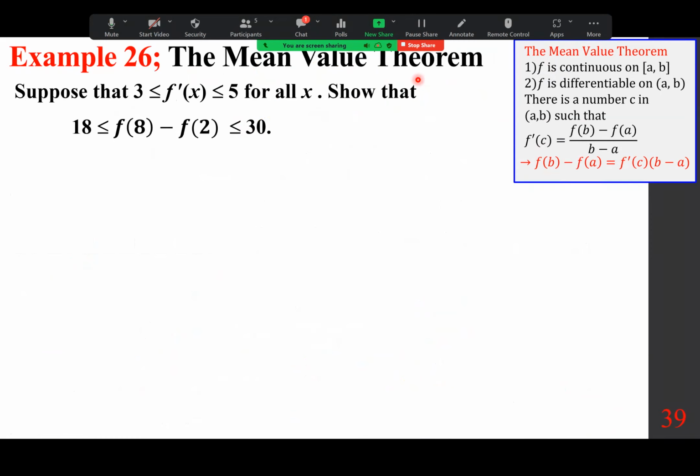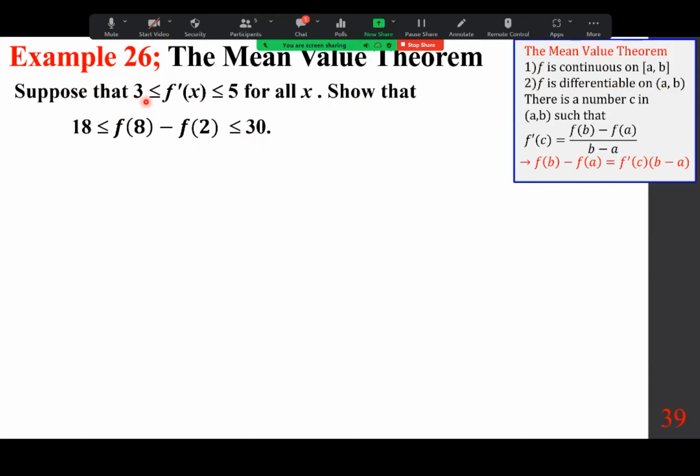We want to use the mean value theorem to show that if f prime is between 3 and 5 for all x, then f of 8 minus f of 2 is between 18 and 30. Now, bear in mind that it must be continuous and it must be differentiable.